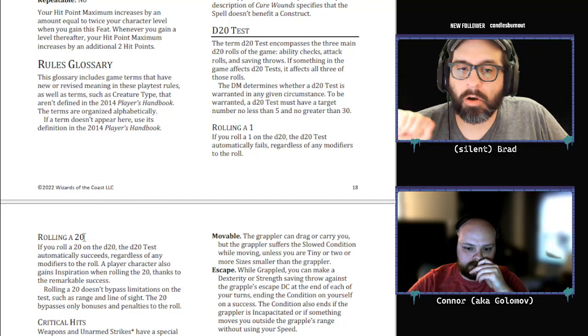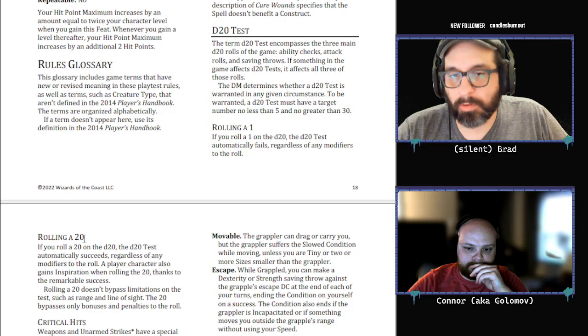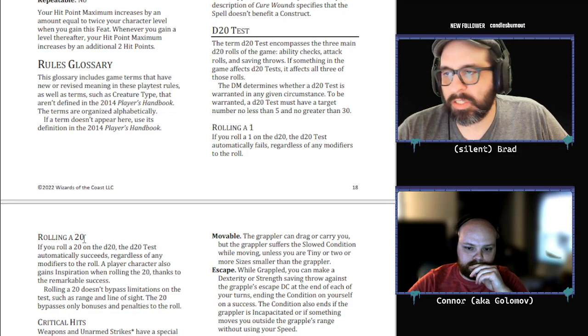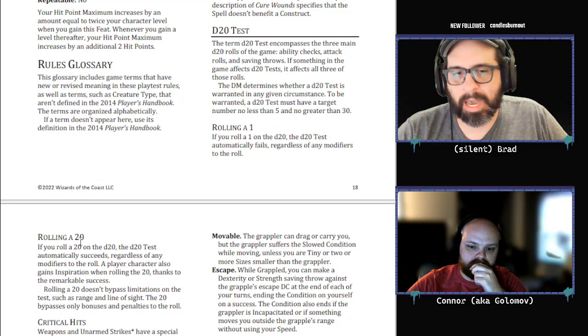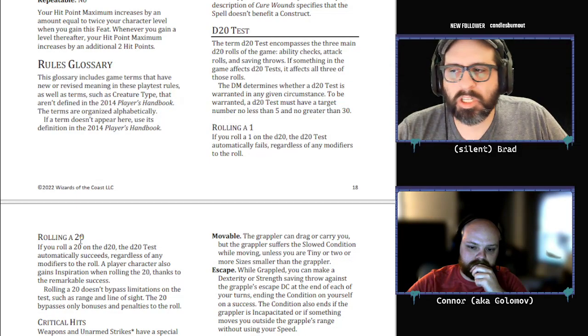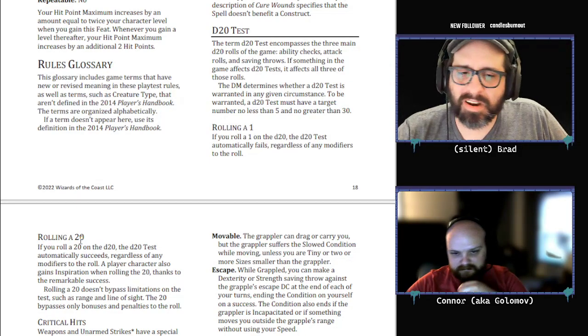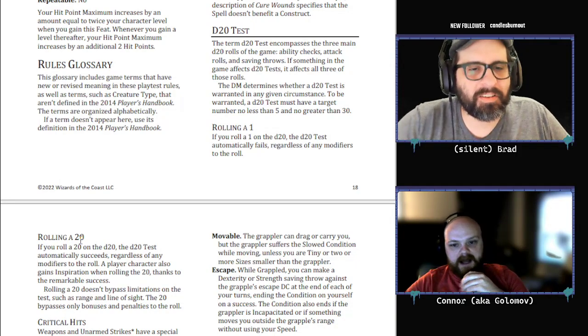Apparently this is how most tables play, where it's not only on attack rolls, but they do it on skill checks and saving throws as well, where if you roll a 1, you automatically fail. If you roll a 20, you automatically pass. Which is okay, but I'm not exactly a fan of that.